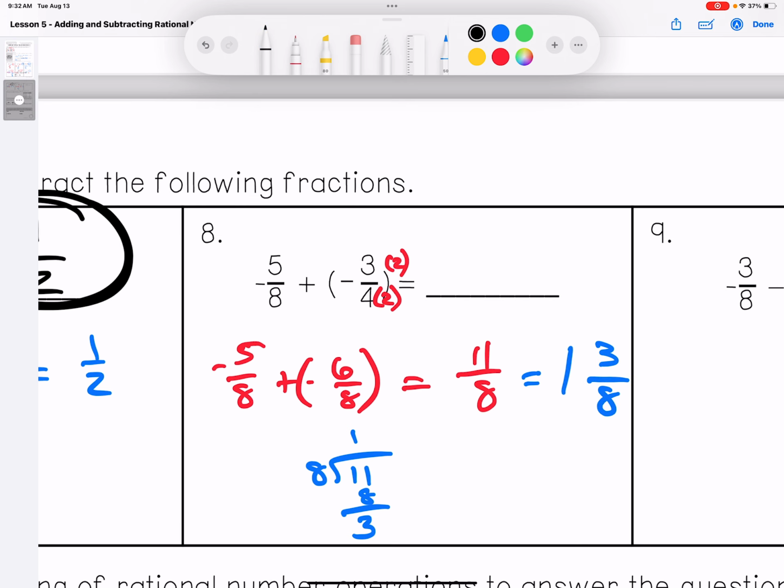Let's make this a little bigger here so I can show you something. 15 1/3 and 13 5/6. When you convert them to improper fractions, you go 3 times 15, which is 45, plus the 1 on top.